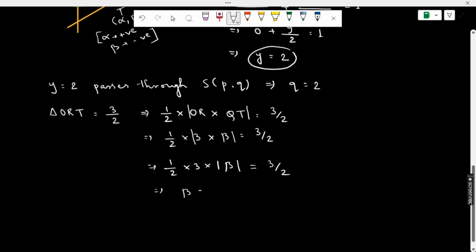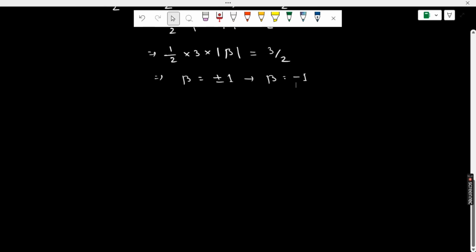So this implies beta is equal to plus minus 1, but this implies beta is equal to only minus 1, because we know that the value of beta will be negative, because the point T lies in the fourth quadrant. Now this T (alpha, beta) lies on the ellipse.